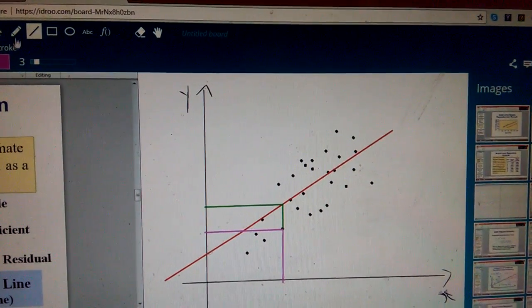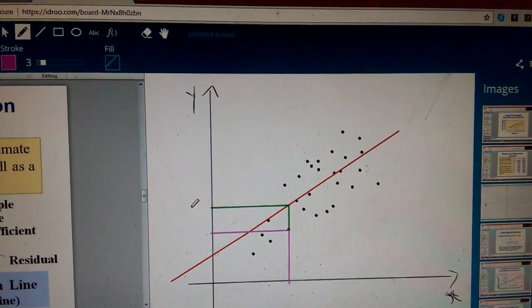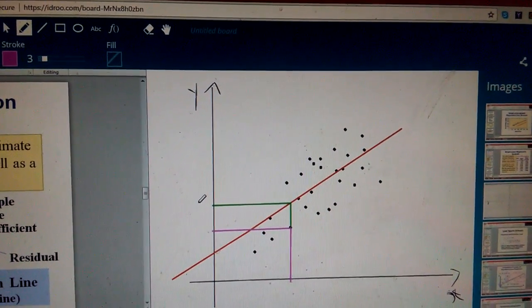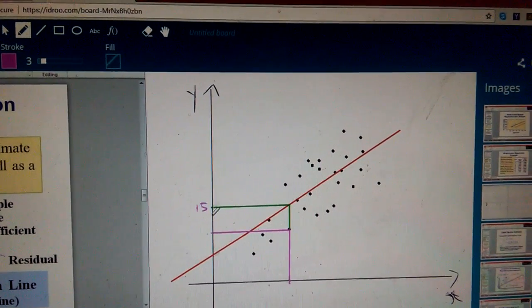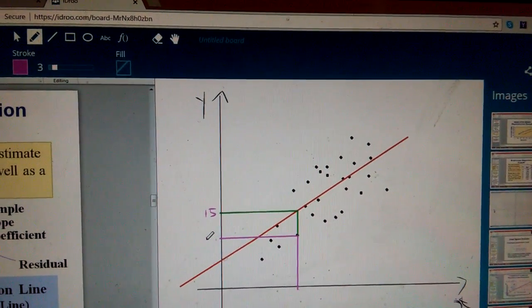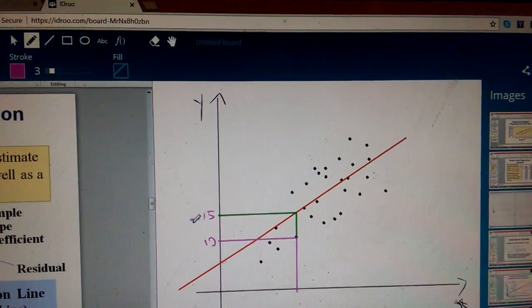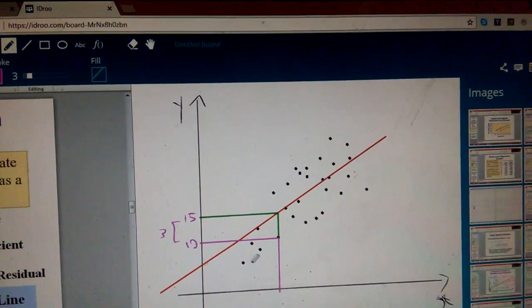Just assume, for example, that this value is 15 and this value is 12. So the difference between these two answers is 3.